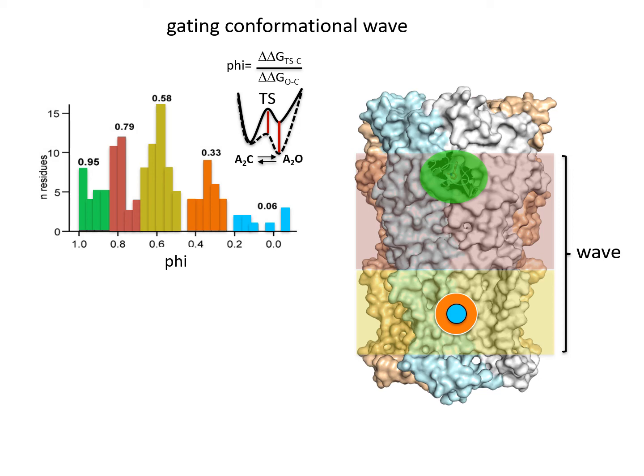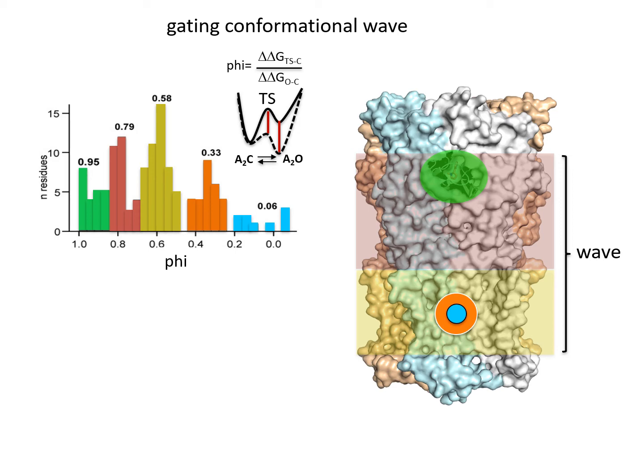I described it to you as a correlation: phi gating is equal to 1 for the agonist, but there are other regions of the protein that can be probed besides where the agonist binds, by making mutations. These all come from mutations, and phi is the ratio of the two vertical colored bars in the energy landscape shown in the inset. That's the change in the energy of the transition state relative to that of the end state. And that gives you this parameter called phi, which is determined by fitting a series of mutations at one residue.